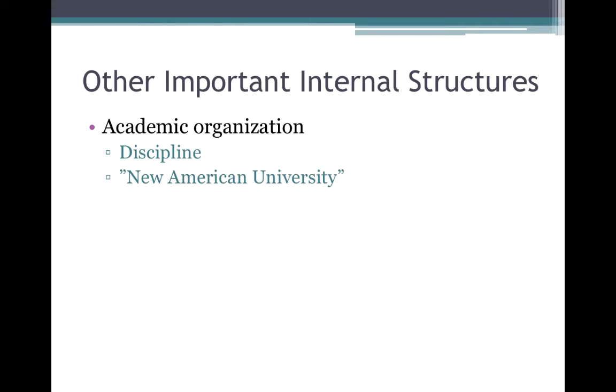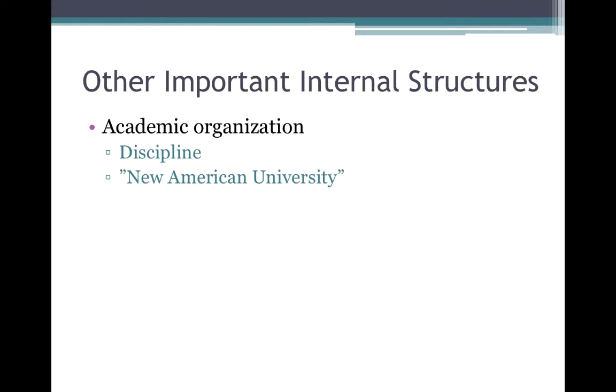So rather than having schools and colleges organized around the traditional disciplines, as many other institutions do, he has tried to identify major issues within society that require focused research and bring faculty and scholars together around those different social issues. And so that's the new American University model.